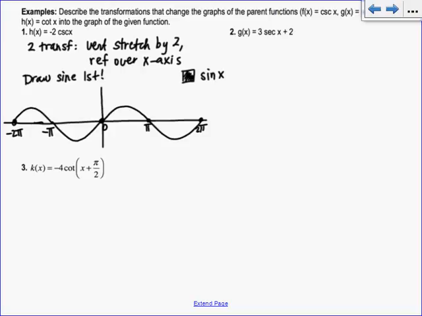Next up I have cosecant. Do you remember how we used sine to get cosecant? You will be pros at this. You actually will like drawing cosecant because it's really easy. You just do your dotted lines wherever it's crossing 0. And then we do the bumps away from the other bumps, right? So go away, away, away, away.